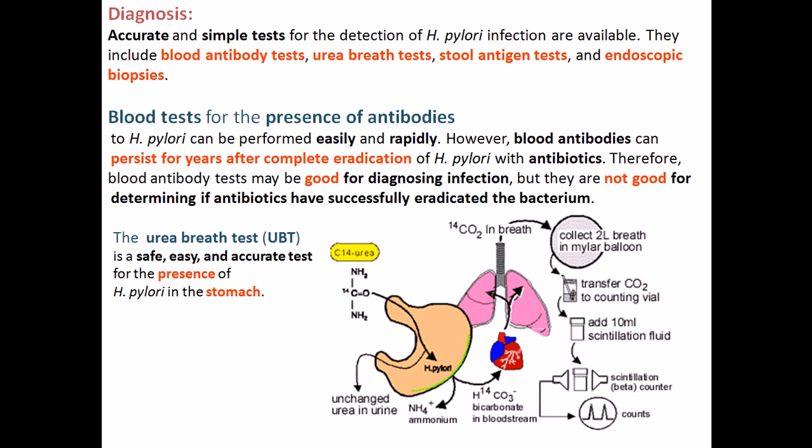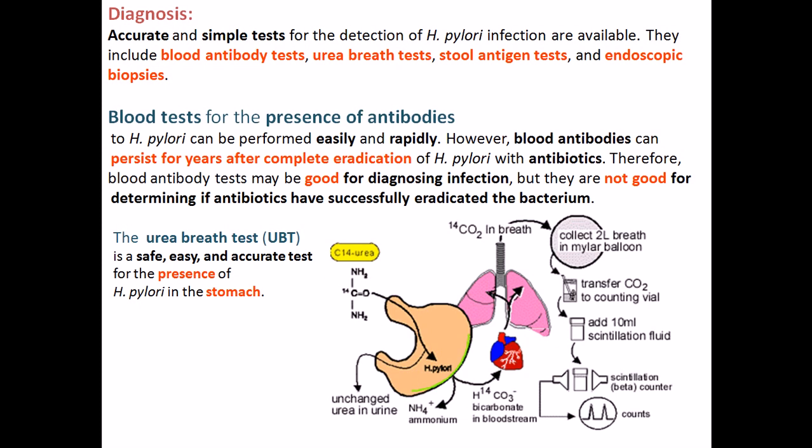If you look at the blood tests, we look for the presence of antibodies against Helicobacter pylori. You need to find those antibodies. One important factor about these blood antibodies is that they can persist for years after the complete eradication of Helicobacter pylori with antibiotics.